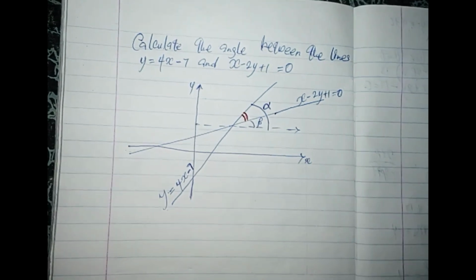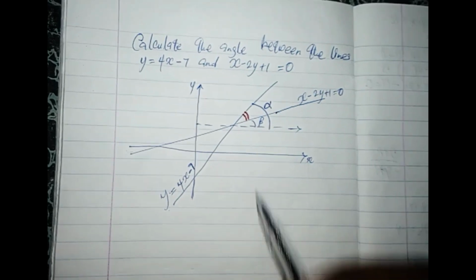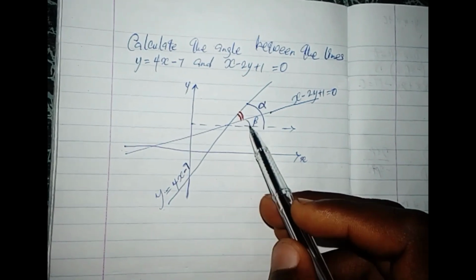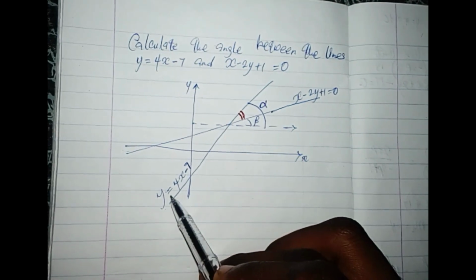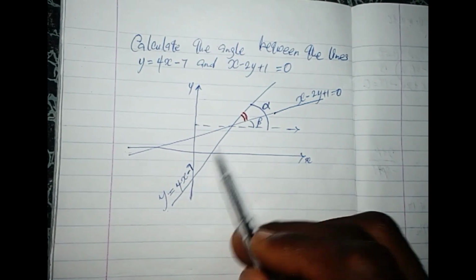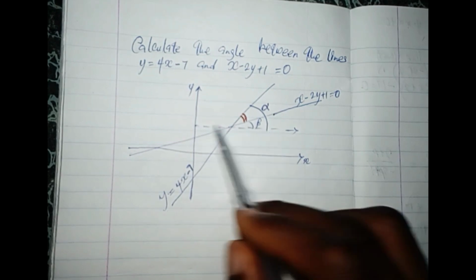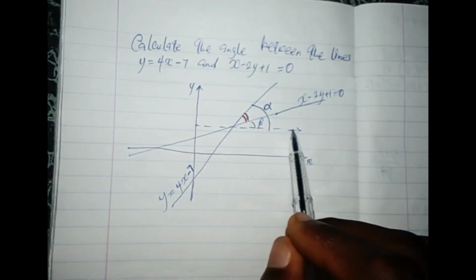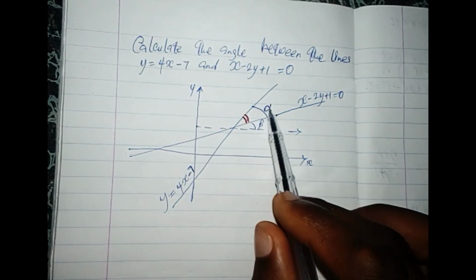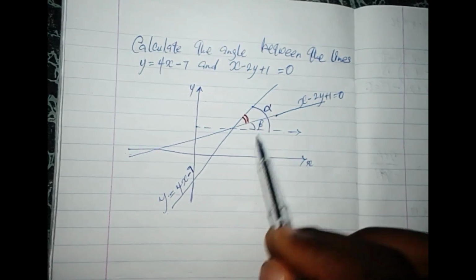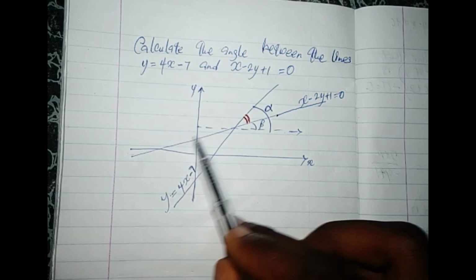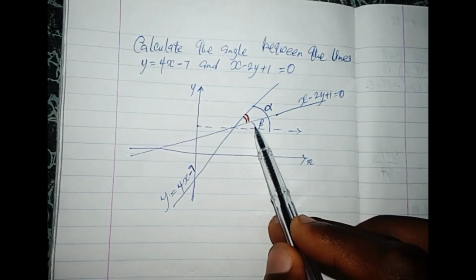To get the angle here, we already know from this diagram that the line y equals 4x minus 7 makes an angle alpha with the horizontal line, which is the x-axis. The angle this other line makes with the horizontal is beta.